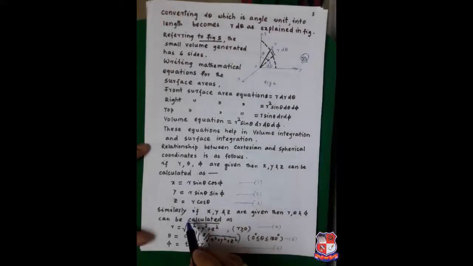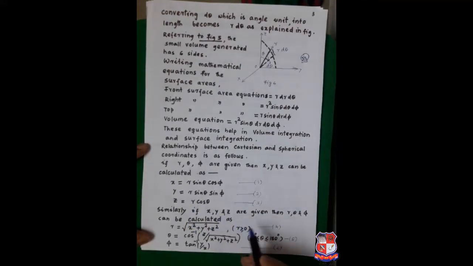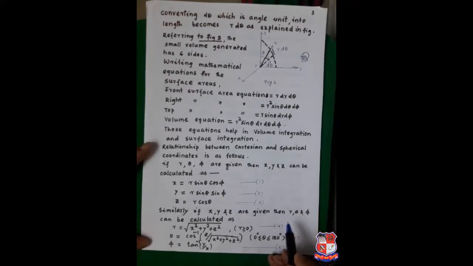Similarly, if the reverse is given, that is, if x, y, z are given, how do we find r, theta and phi? r can be found using the square root of x square plus y square plus z square, where r is always a positive number, so it is greater than or equal to 0. Theta is cos inverse of z upon the square root of x square plus y square plus z square.